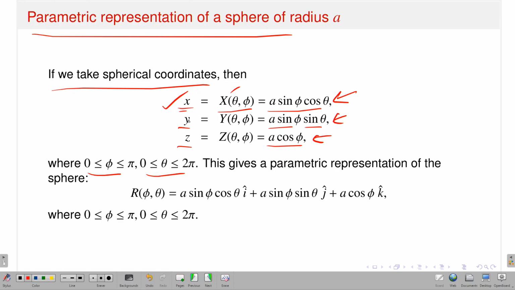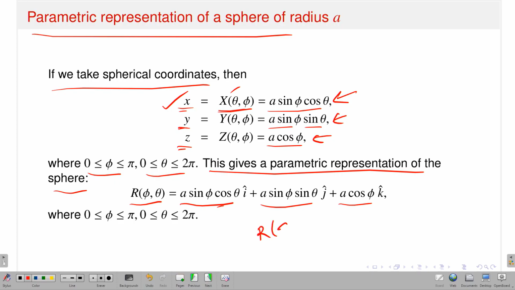So if I write my Cartesian coordinates x, y, z in terms of spherical coordinates, which I denote as capital X of theta comma phi, capital Y of theta comma phi, and capital Z of theta comma phi, then this gives a parametric representation of my sphere. Then what is my parametric form? Capital R acting on phi comma theta is nothing but x equals a sin phi cosine theta, y equals a sin phi sin theta, and z equals a cos phi.